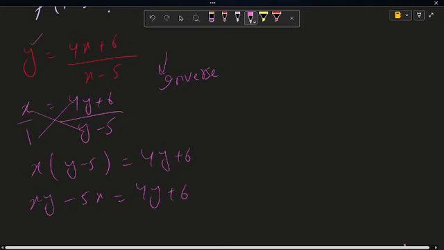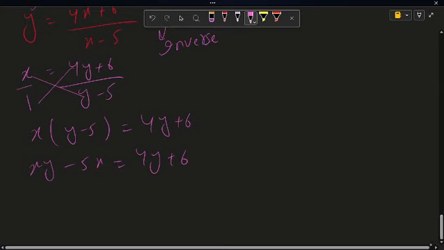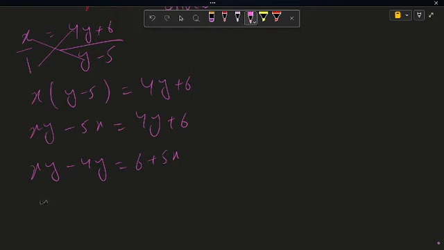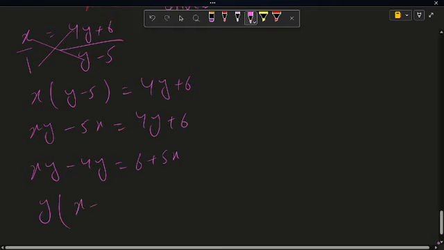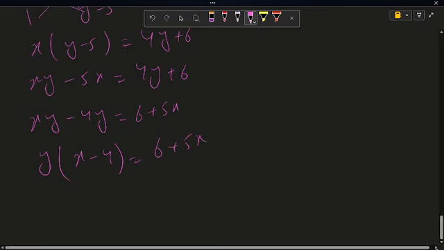I can collect the relevant terms together, like xy minus 4y, which equals 6 plus 5x. I just collect the relevant terms together. y can be taken as common, so y times x minus 4 equals 6 plus 5x. I have to make y the subject of my equation. So y equals 6 plus 5x over x minus 4.